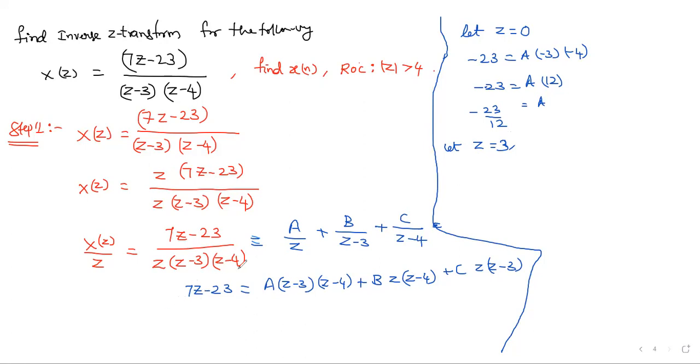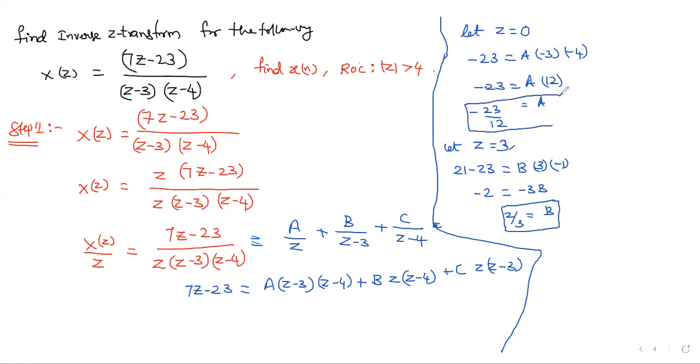So now 7 3s are 21 minus 23 is equal to b into, what is the z value? 3, 3 minus 4. 3 minus 4 is minus 1. Now 21 minus 23, how much? Minus 2 is equal to 3 into minus 1, minus 3b. Now minus minus cancel. What is the b value? 2 by 3. What is the a value? Minus 23 by 12.